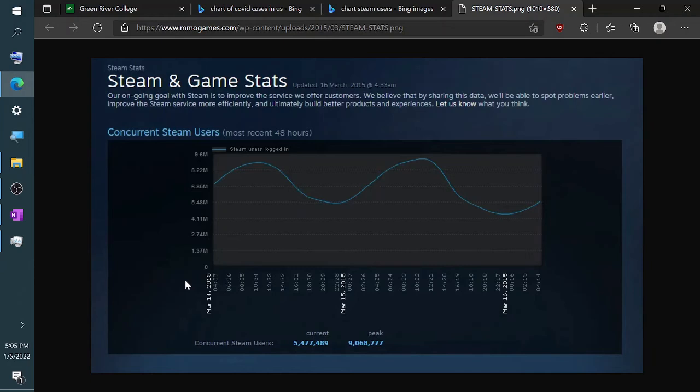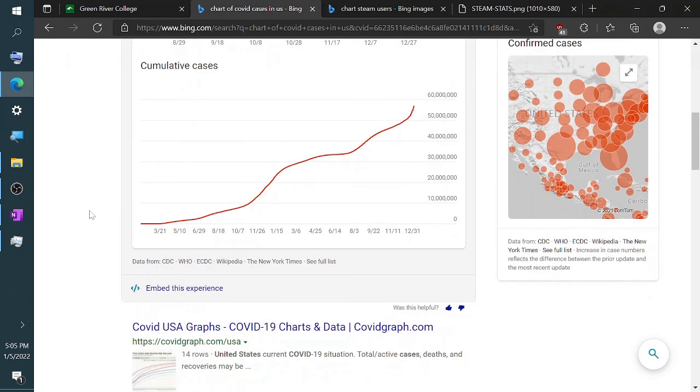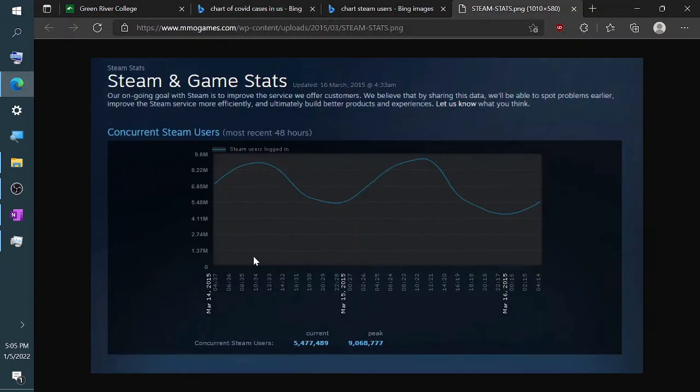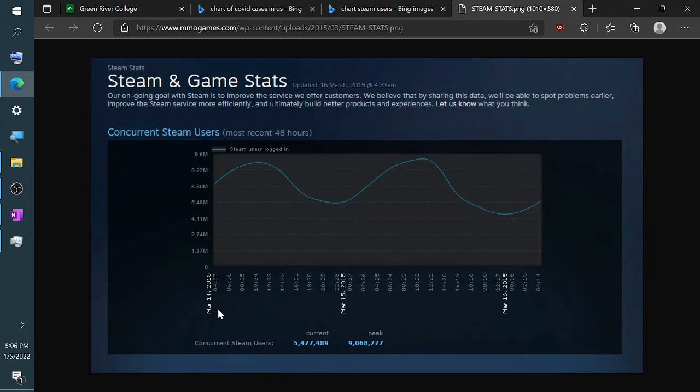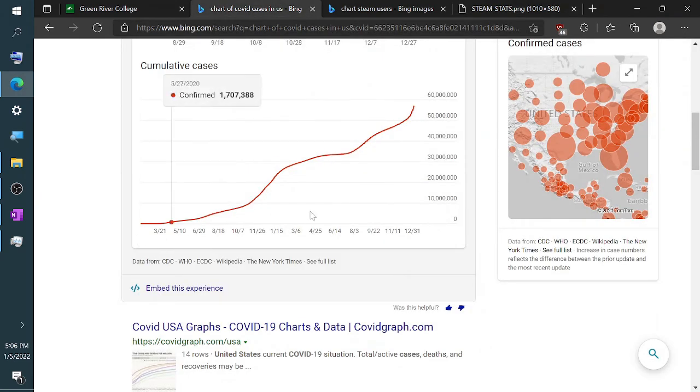But as soon as I switch to a different chart, for example, a chart showing how many cases of COVID have been encountered in the US in total, this is a chart that's similar in nature. I mean, it has a horizontal axis and a vertical axis, and it has a squiggle that is drawn on that picture. But the meaning of the stuff in this chart is completely different. The values on the horizontal axis no longer represent times, now they represent days.